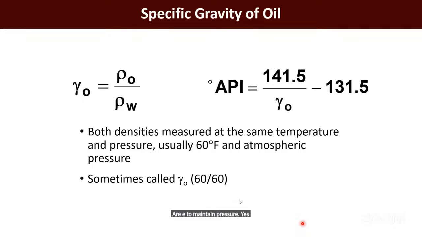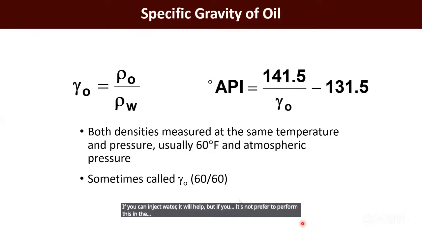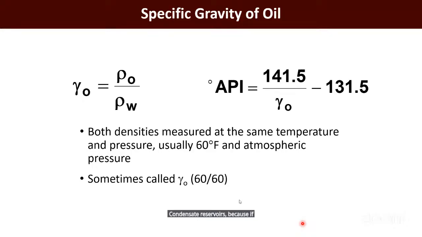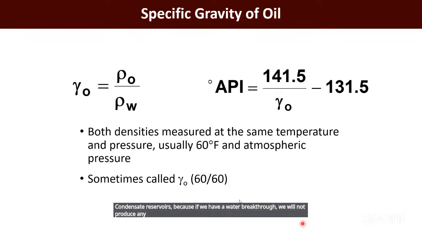Yes, the only way to prevent the condensate banking is to maintain the pressure above the dew point pressure. You either inject gas, or if you can inject water, it will help. But it is not preferred in gas condensate reservoirs, because if we have a water breakthrough, we will not produce any gas.